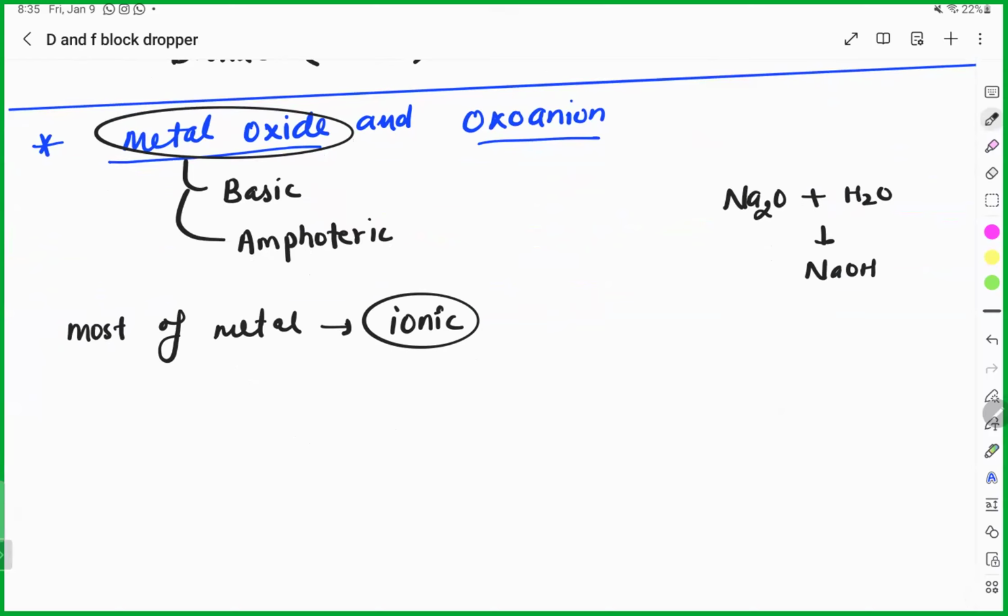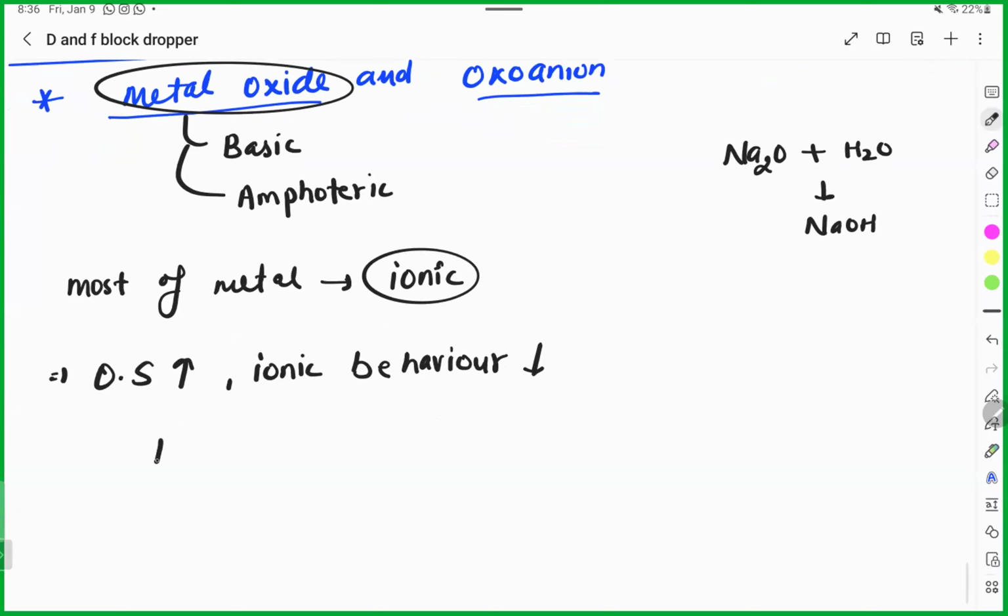Chandana, if you increase the oxidation number, what will be the impact on the ionic character? Sir, if the oxidation number increases, then ionic behavior will decrease. Covalent behavior will increase. Example, if you see Mn2O7, here manganese has +7 oxidation state.